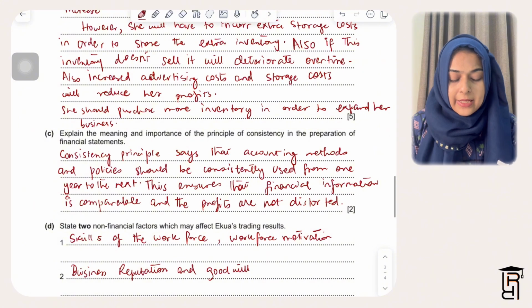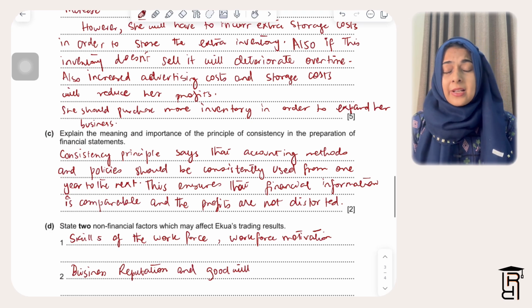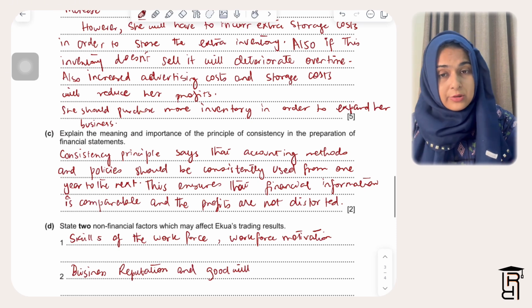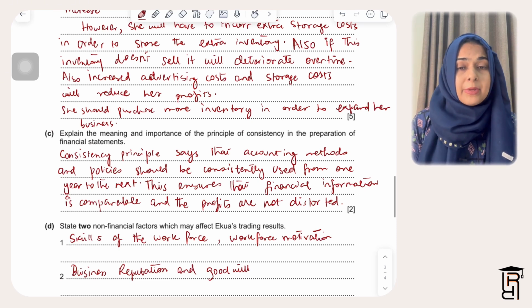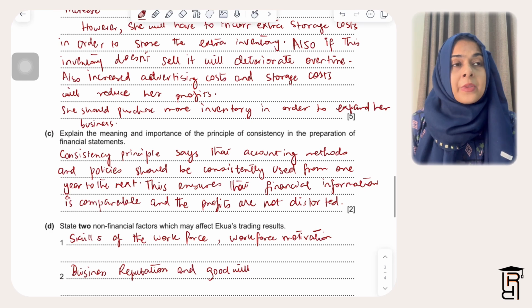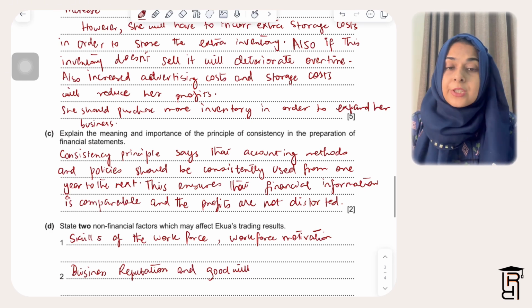In the next part, they're saying explain the meaning and importance of the principle of consistency in the preparation of financial statements. Consistency principle says that accounting methods and policies should be consistently used from one year to the next. So if we are using the straight line method for depreciation, we should keep using the straight line method of depreciation for the rest of the years as well. So every year we must use the straight line method of depreciation on a particular asset.